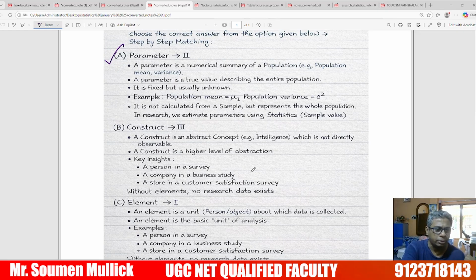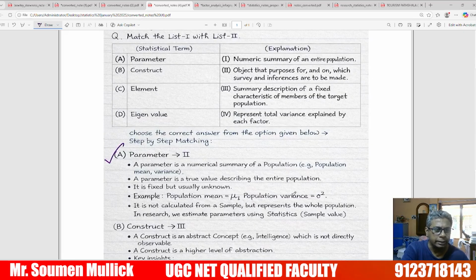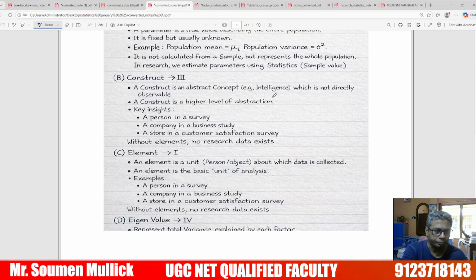The construct is related to the description of fixed characteristics of members of the target population. Fixed characteristics means the attributes of the character.